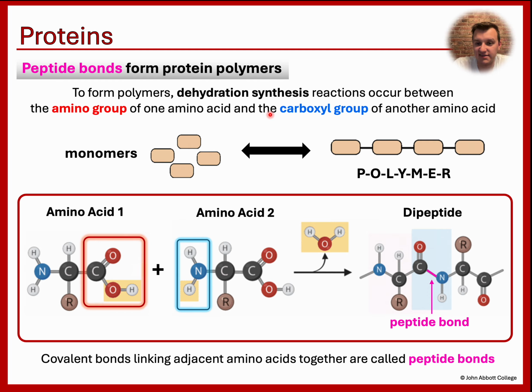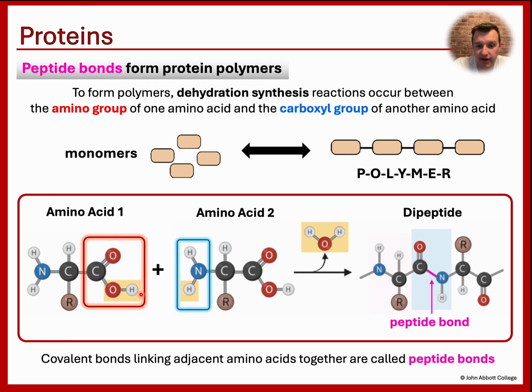So in this case, this dehydration synthesis reaction occurs between the amino group of one of these amino acids. So, sorry, here's the amino group of this amino acid. Do you see how there's a hydrogen here? That'll be gone. And it occurs with the carboxyl group of another amino acid.